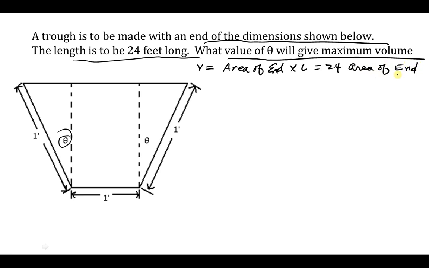So now the area of the end, in order to figure that out, we need to figure the area of this trapezoid. Notice that we need to assign some variables here. Let this length be x, and let this length be y.